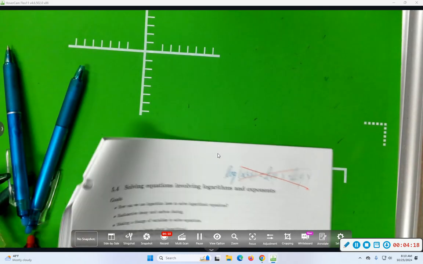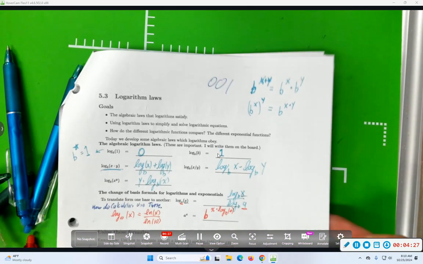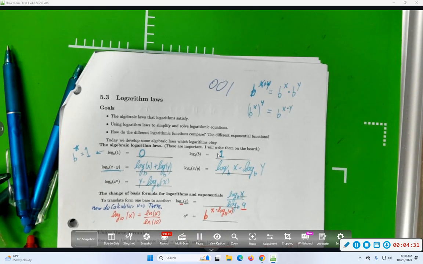So, the change of base formula for exponentials is maybe the lowest priority on the list, but that's not to say it's not an important formula. It concludes that a to the x is the same as your favorite base b to the power x times log base b of a, at the cost of multiplying by log base b of a. And we saw an example last time where that was important, right?